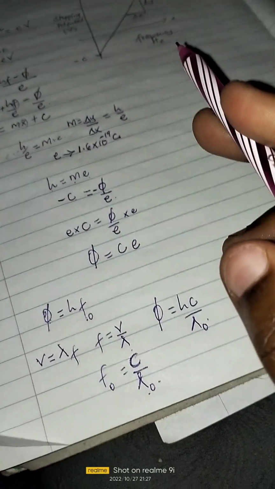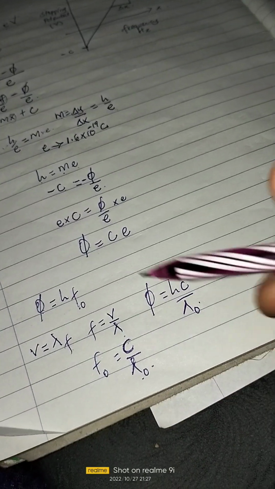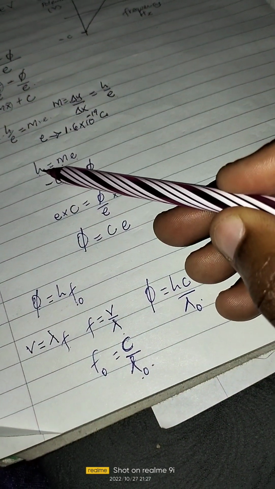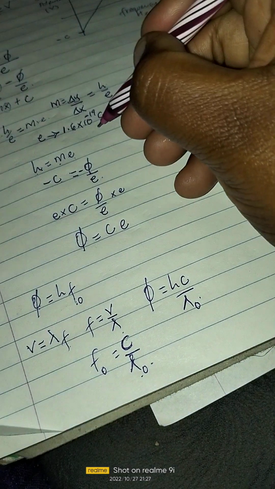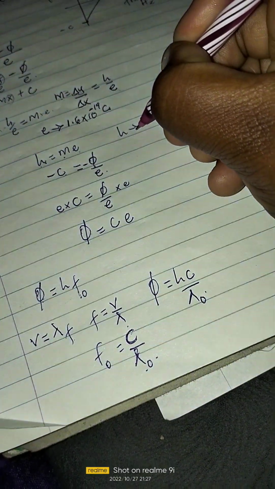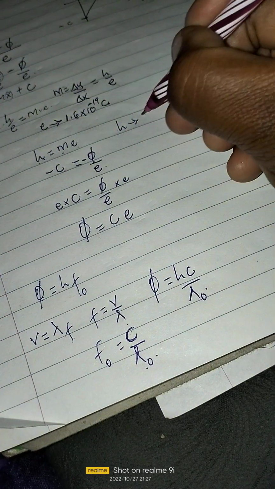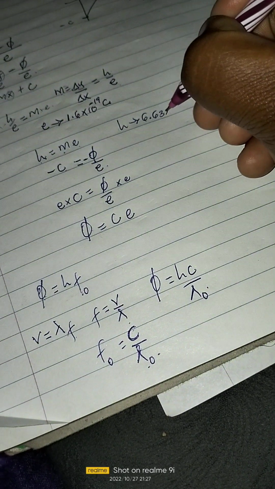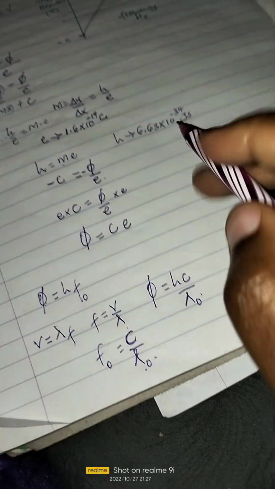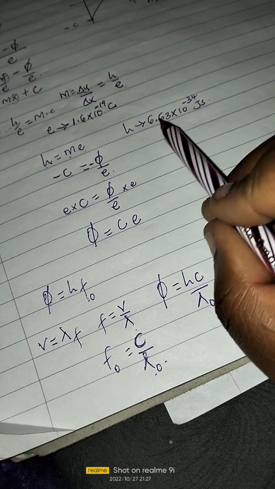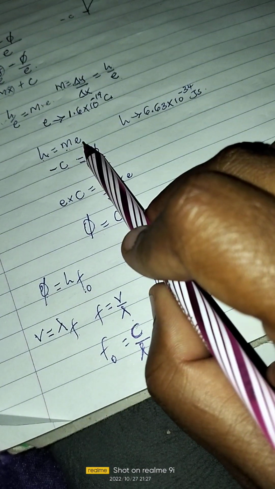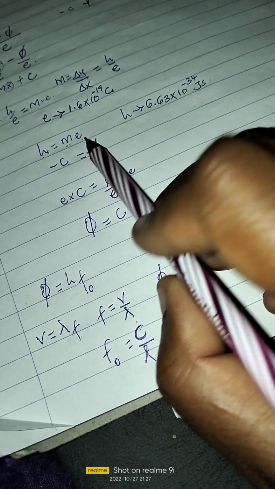So from this graph, there are 4 quantities that can be obtained. First, the Planck's constant. By the way, from our earlier calculations, we already know the estimated value of the Planck's constant, that is 6.63 times 10 raised to power negative 34 joule seconds. This is the value we expect once you take the product of the gradient multiplied by the charge on an electron.